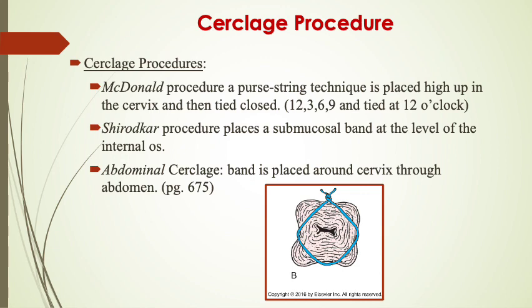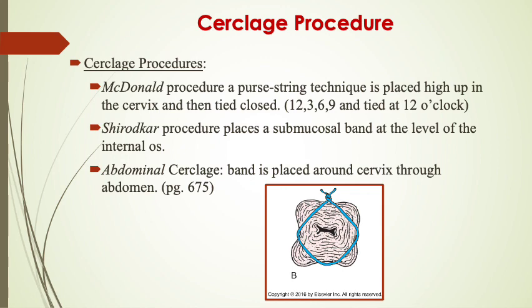The first one there is the McDonald procedure. So with this McDonald procedure, a purse-string technique is placed high up in the cervix and then tied closed. So if you look at that image on this slide, you will see how this is tied. So usually they use the time on a clock for guidance in tying this stitch.